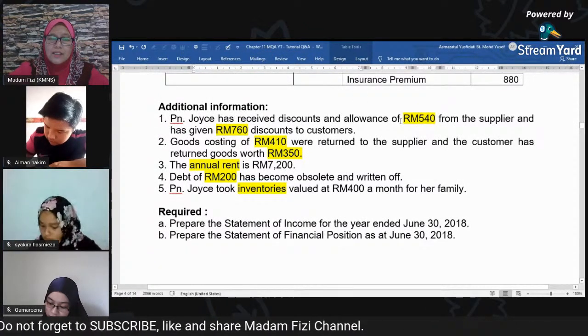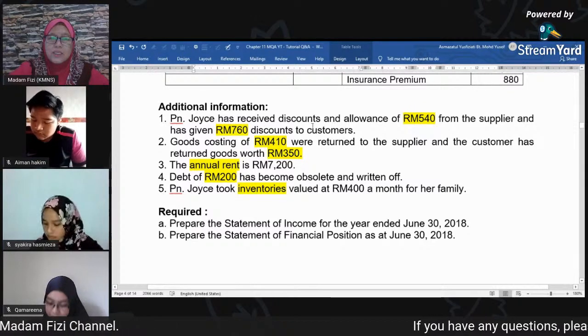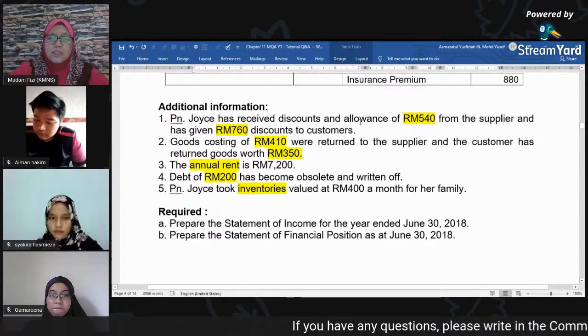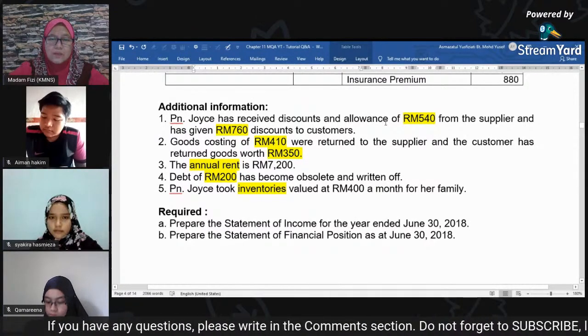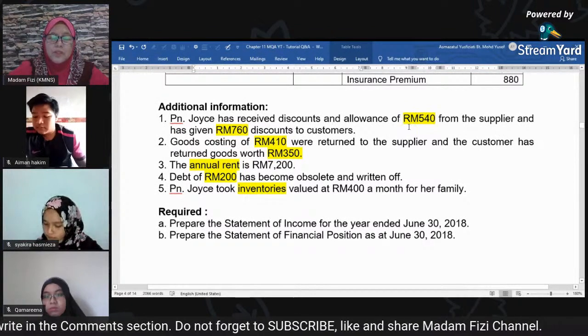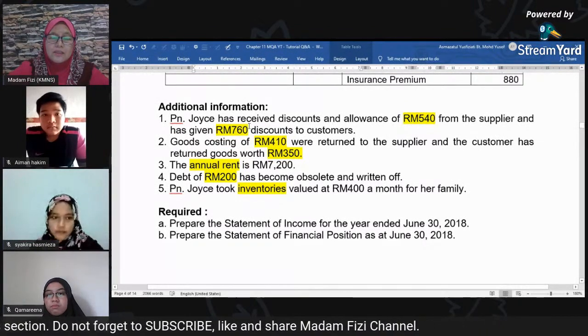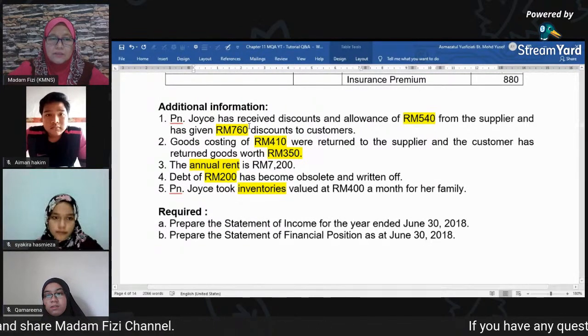So I highlight here the purchase discount and also the sales discount. So this figure you will add in a statement of income.